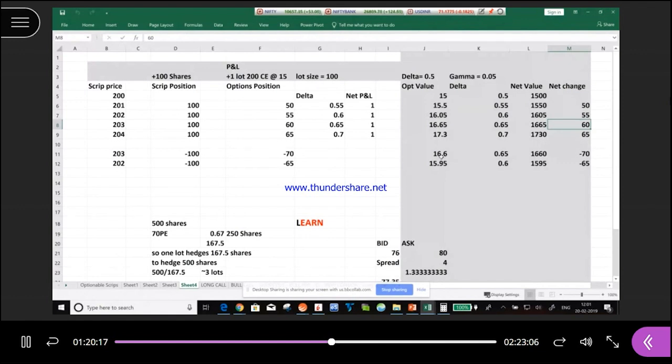No, in the money option doesn't mean that the delta is 1. Delta is 1 for deep in the money only at expiry. See, delta can only be 1 at expiry. So a slightly in the money option will never have a delta of 1.